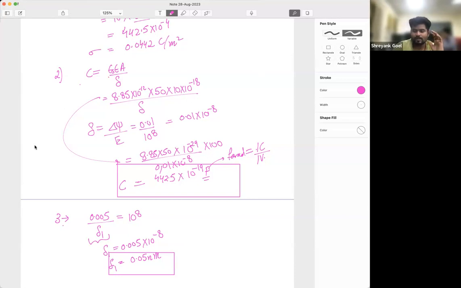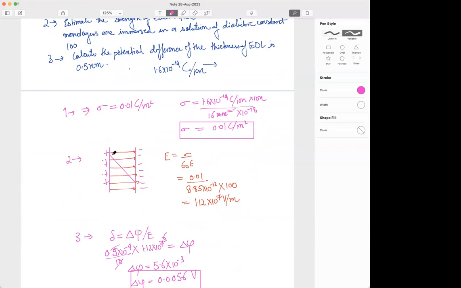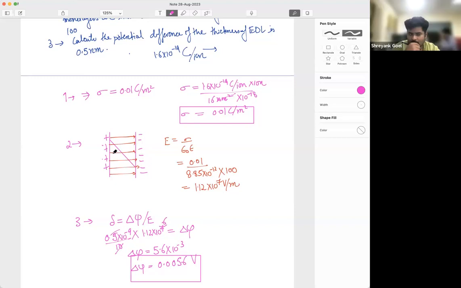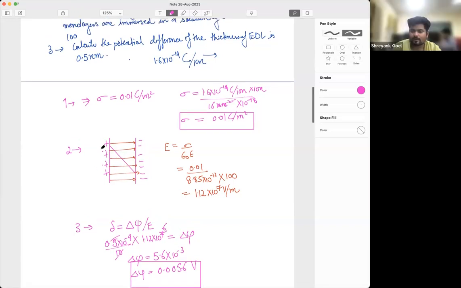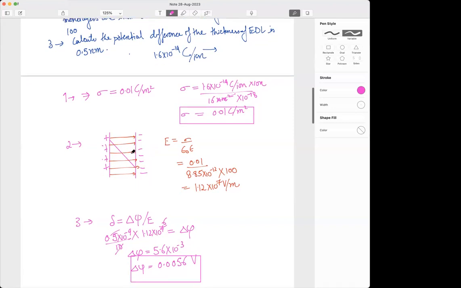If this plate is not there, then the potential difference would go to infinity. There is a surface with one charge and the opposite charge is present just above the surface, due to the monovalent ions. So the charge density should be the same, no? For the number of surfaces also.